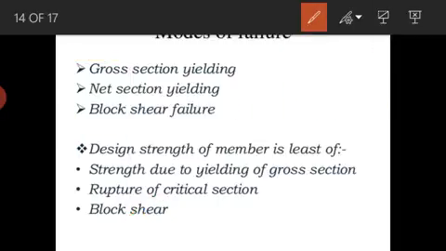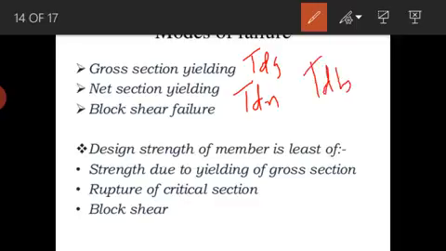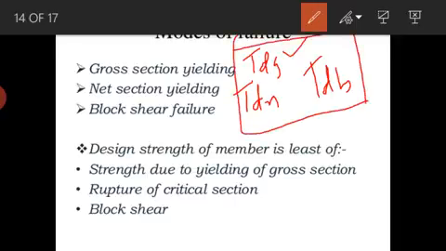Cross section yielding means Tdg, the net section rupture means Tdn, and the block shear failure is Tdb. These three we need to calculate, and these three formulas are given in IS 800:2007. So we need to refer to the code book for these three formulas.